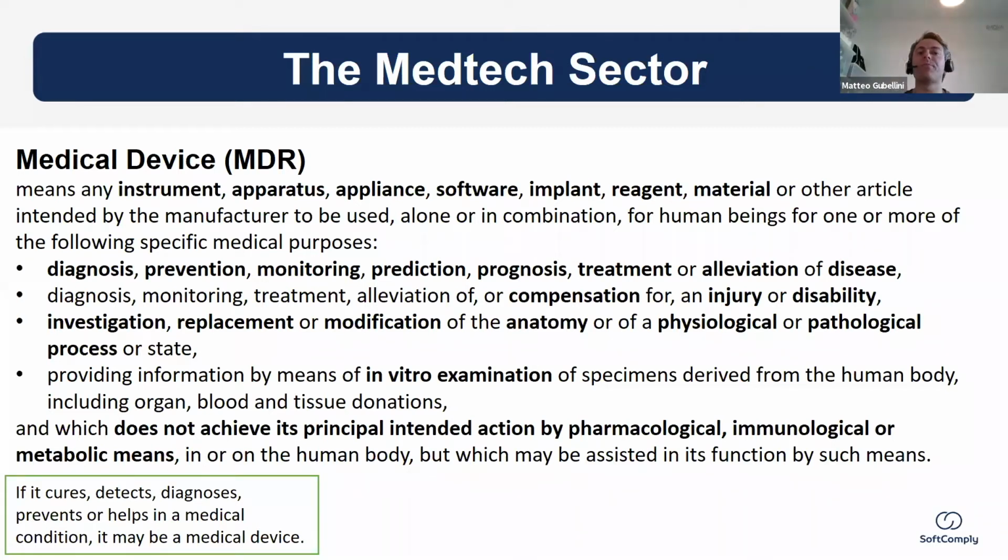Now, there is a bit more than a fine line regarding the so-called combination devices, that are devices that contain drugs or pharmacological principles, and in which case it depends on the exact purpose and exactly how it works, whether this is a medical device or is more part of the packaging of the drug.